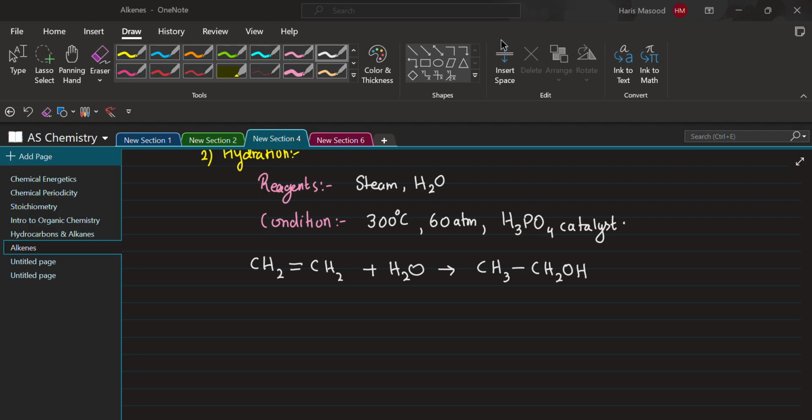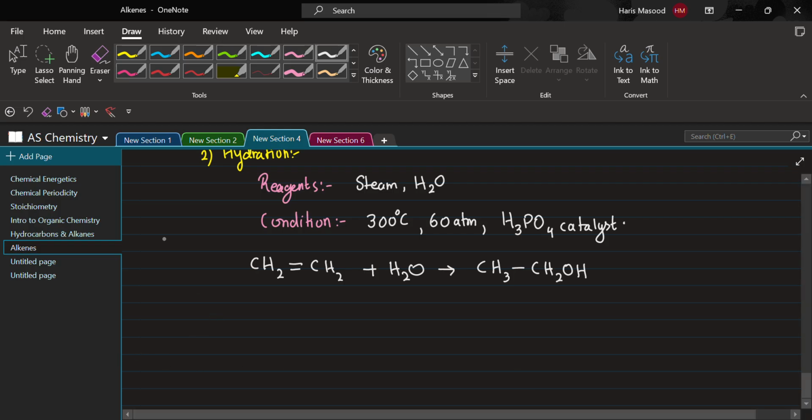Next is addition of halogen, which we call halogenation, that you are adding a halogen with it.